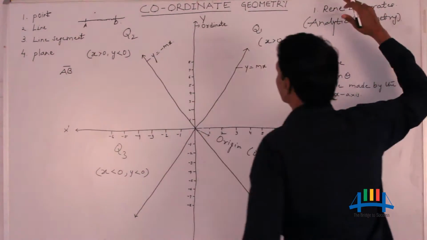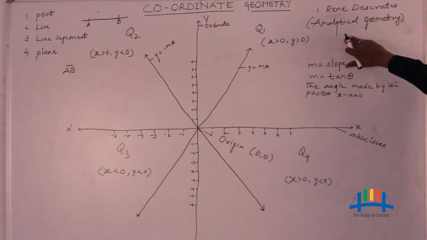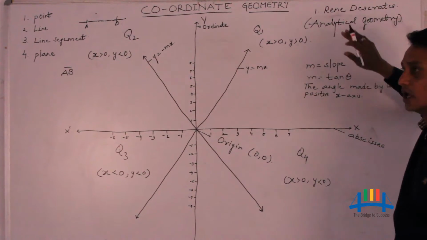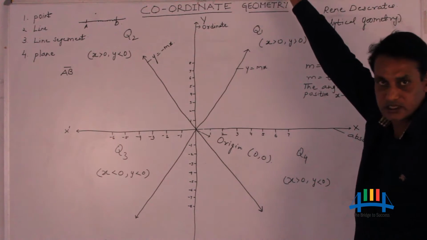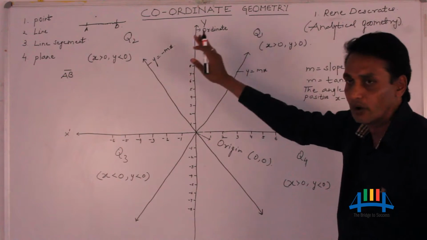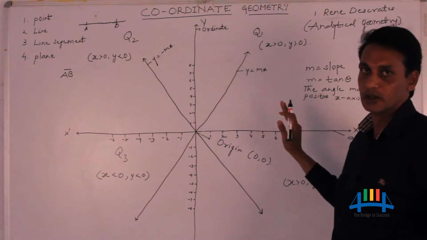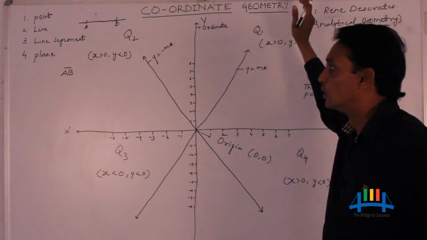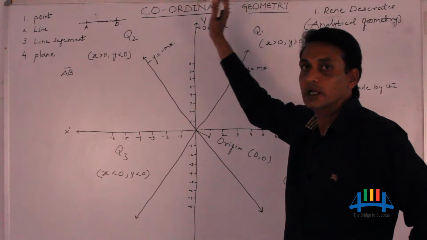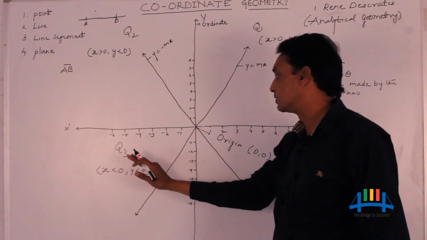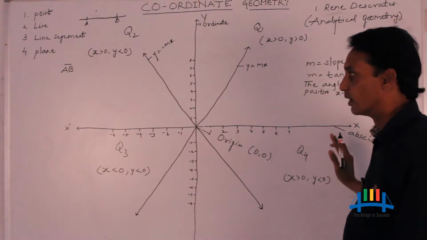Now come to this point. What I told you, coordinate geometry was introduced by René Descartes. He divided the plane into 4 equal parts, using a horizontal line and a vertical reference line. Q1 means quadrant 1, Q2 means quadrant 2, Q3 means quadrant 3, and Q4 means quadrant 4.